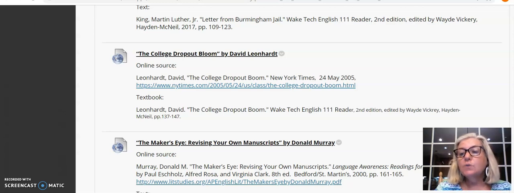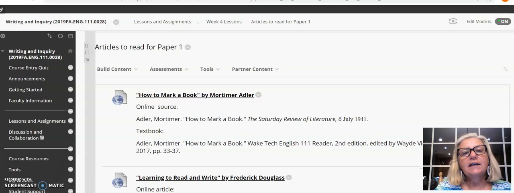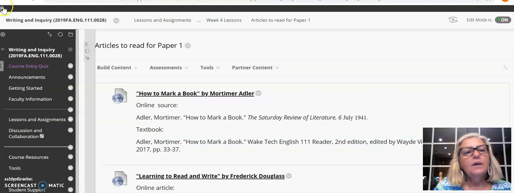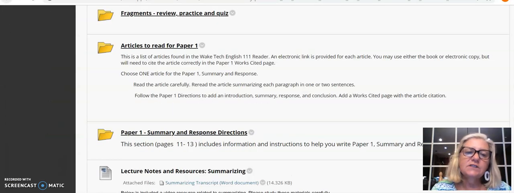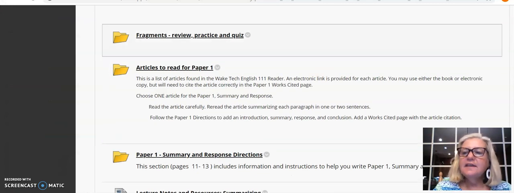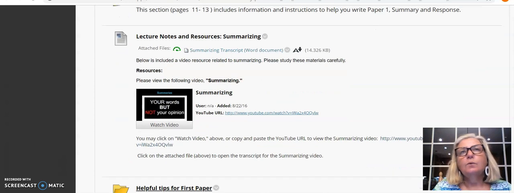So you will choose one of these articles to read and summarize. When you are summarizing, I recommend that you read the article once just for comment, and then read it a second time and write what each paragraph means to you in a few sentences.